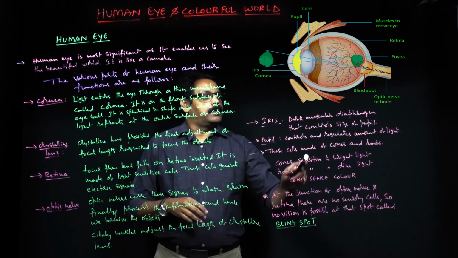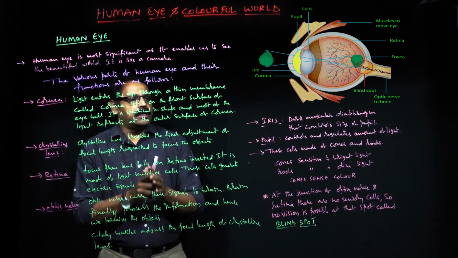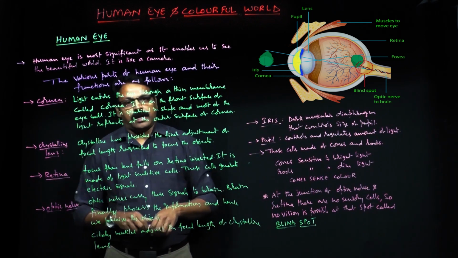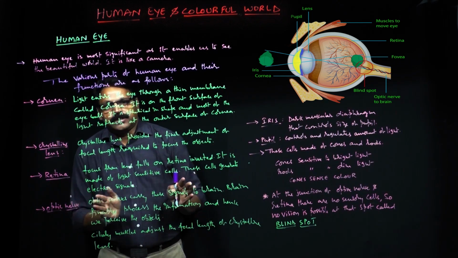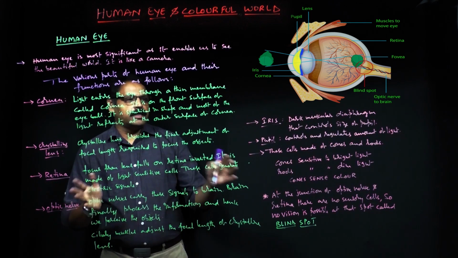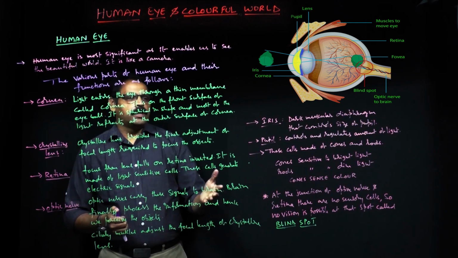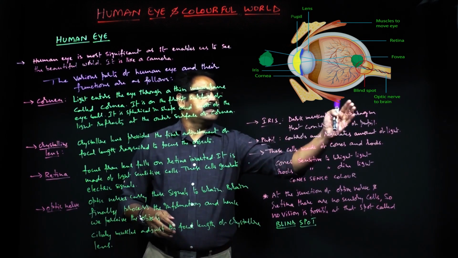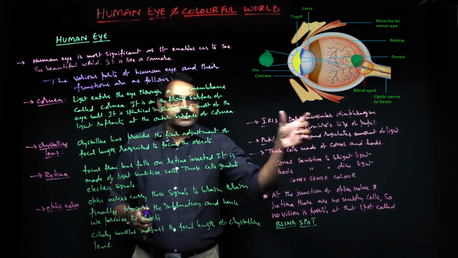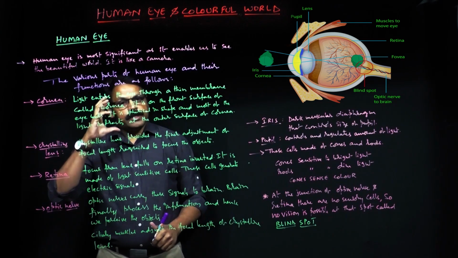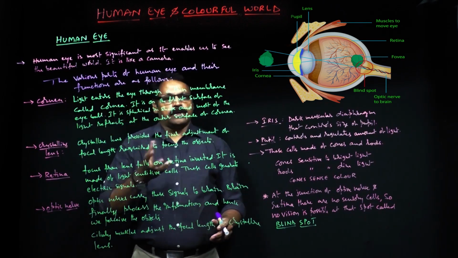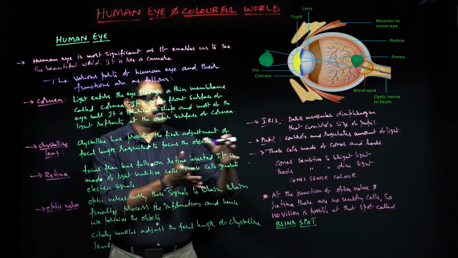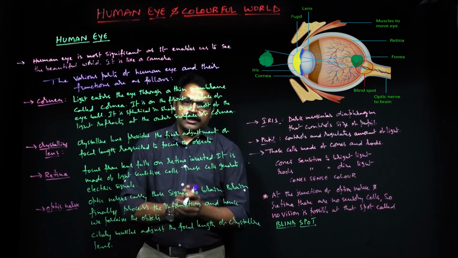The size of the pupil is controlled by the iris, and no two human beings have the same iris. That is the reason in Aadhaar cards and all we are using this iris mechanism. It is a dark muscular diaphragm that controls the size of the pupil. When the size of the pupil is controlled, obviously the amount of light that enters also gets controlled.